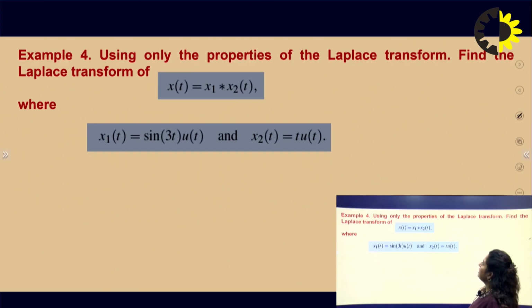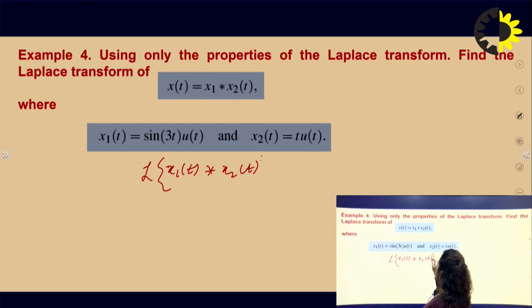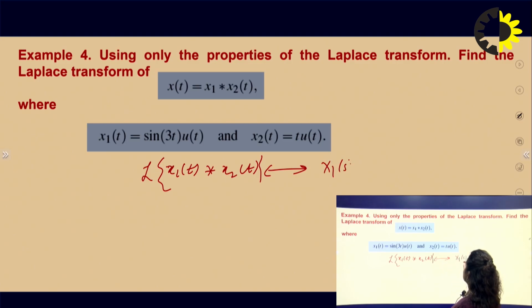Using only the properties of the Laplace transform, you have to find out, there is a convolution property given, that is x(t) is equivalent to x1(t) convolution x2(t), where x1(t) is equivalent to sin 3t u(t) and x2(t) is equivalent to t u(t). So we have to find out the value using the convolution theorem, and as we know, the convolution theorem is the Laplace transform of x1(t) convolution x2(t) comes out to be X1(s) X2(s).